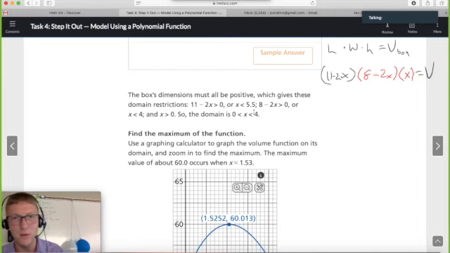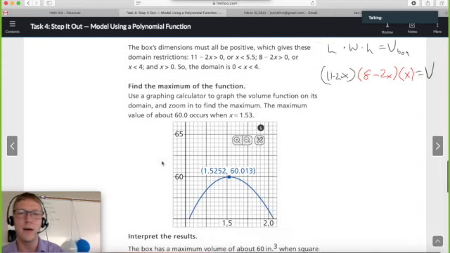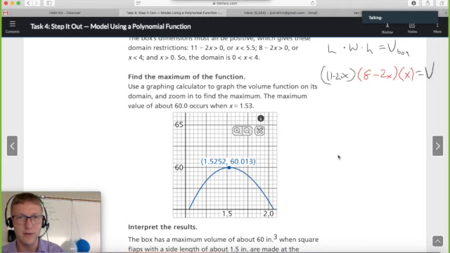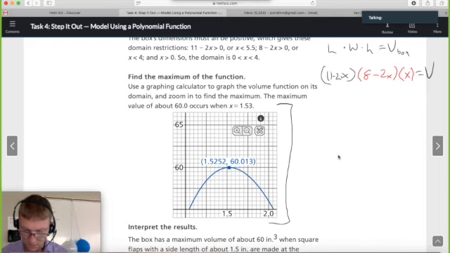And then at this point is when you pull out your graphing calculator, and then you'll have something that looks like this, and you can use your graphing calculator to find the maximum value right there. So let's see, the maximum value of about 60.0 occurs when x is approximately 1.53.